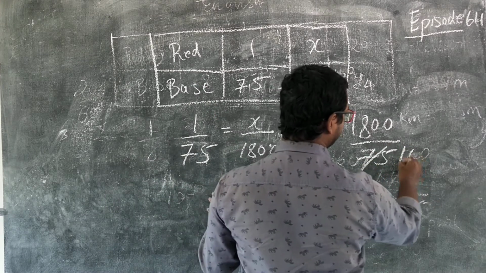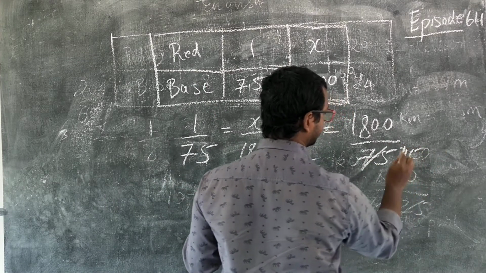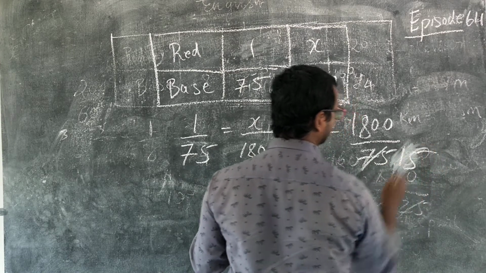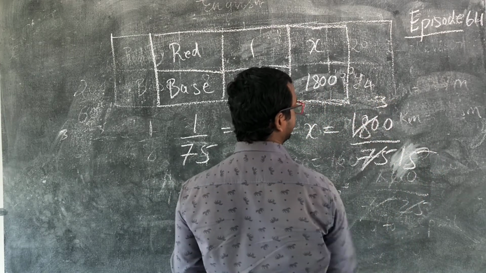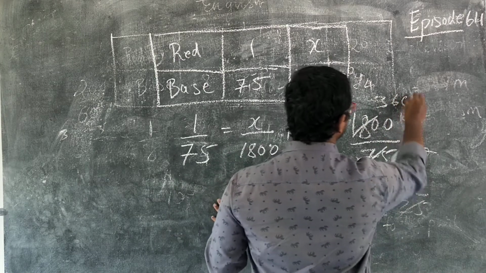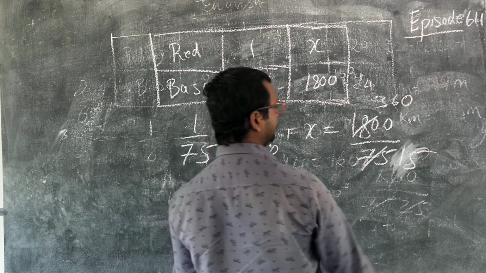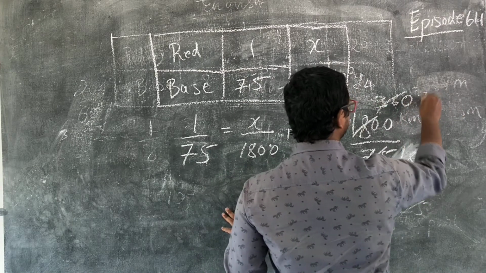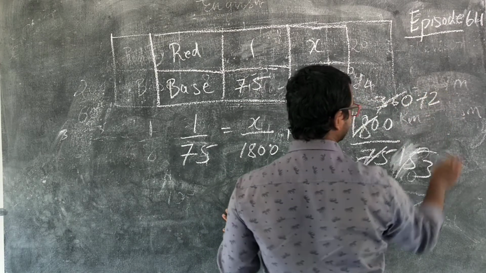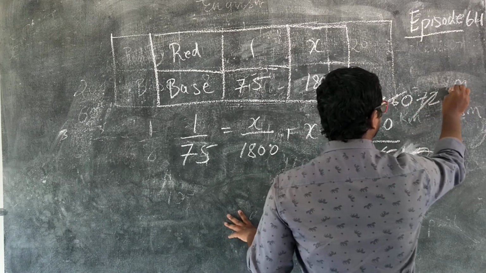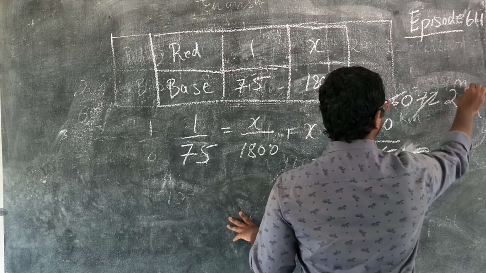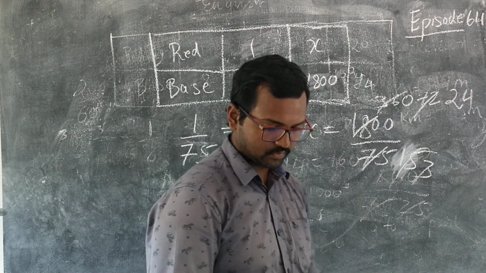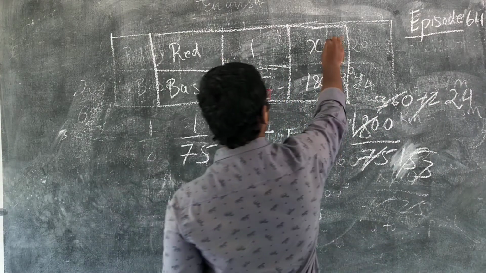If you divide by 5, we will get 15 from 75. Then we will divide by 5 again. So the answer that I am getting is 24. So 24 is the answer.